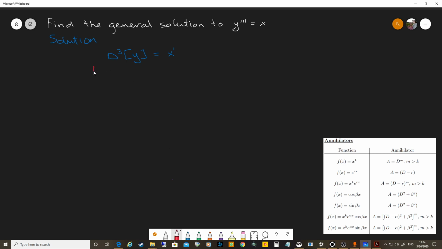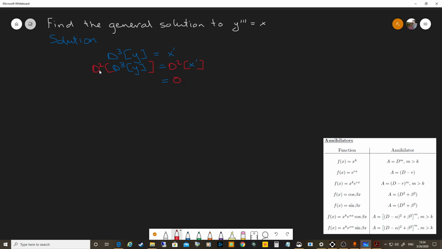So we're going to apply that annihilator to both sides of this differential equation, and we obtain the following. Because we use an annihilator on the right-hand side, we always get 0.